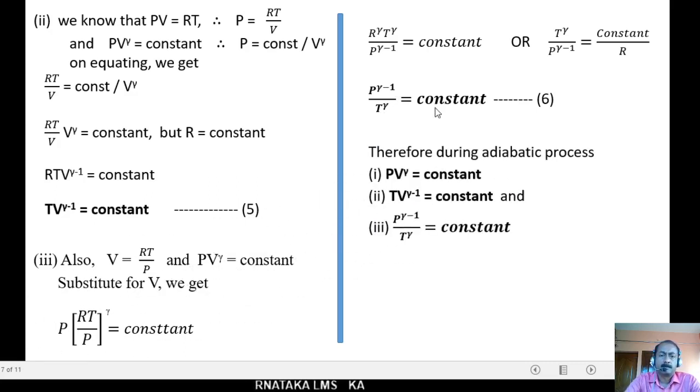Here, from equations 4, 5 and 6, during an adiabatic process, we get three equations of state. One is P into V to the power gamma equals constant. Second, T into V to the power gamma minus 1 equals constant. And third, P to the power gamma minus 1 divided by T to the power gamma equals constant.